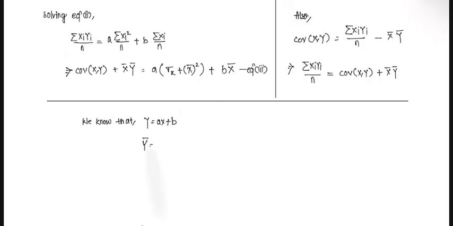So y bar equal to a x bar plus b. Multiplying x bar on both sides, like that.